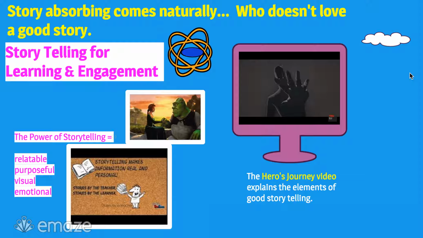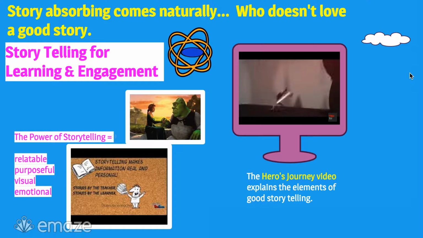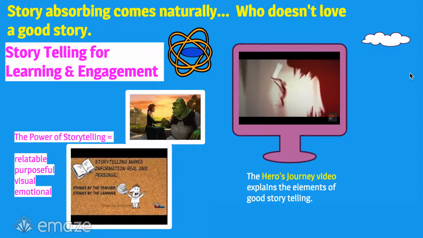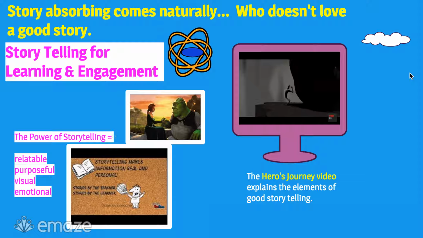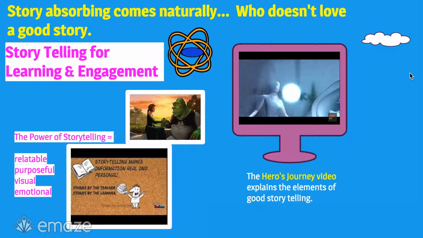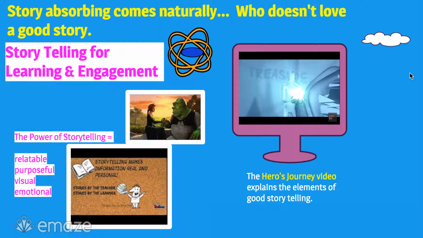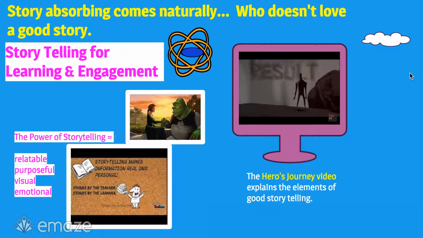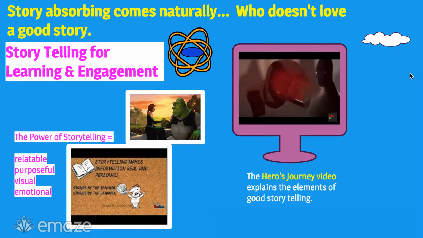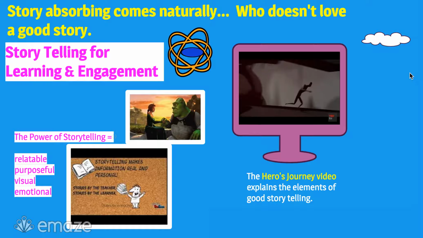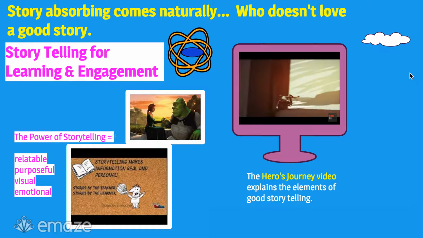He faces death and possibly even dies, only to be reborn. 7 o'clock, treasure. As a result, the hero claims some treasure, special recognition, or power. 8 o'clock, result. This can vary between stories. Do the monsters bow down before the hero, or do they chase him as he flees from the special world?